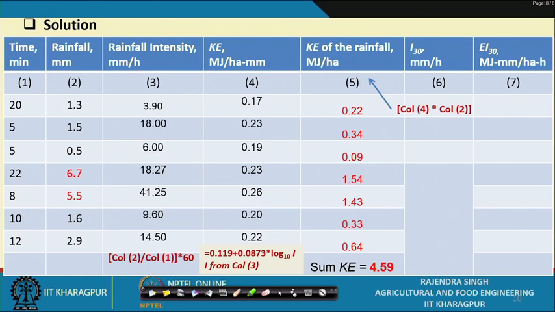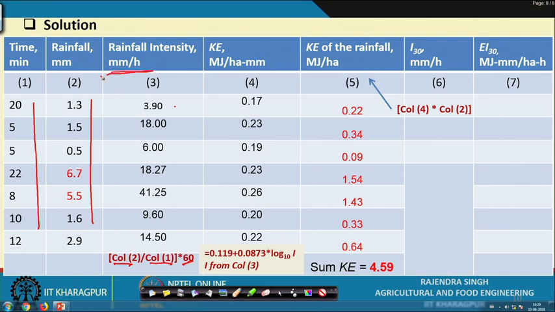What is done here is that we have rainfall in millimeters and duration given. So, we can calculate the rainfall intensity for each duration. That is column 2, the rainfall, divided by column 1, the duration of 20 minutes, multiplied by 60, so that we get the desired unit of millimeter per hour.